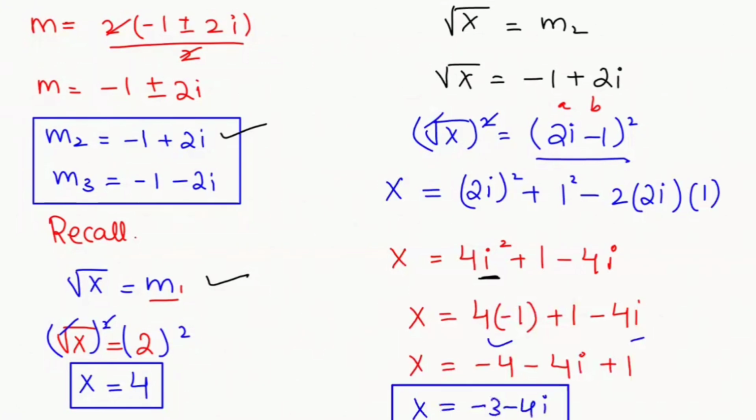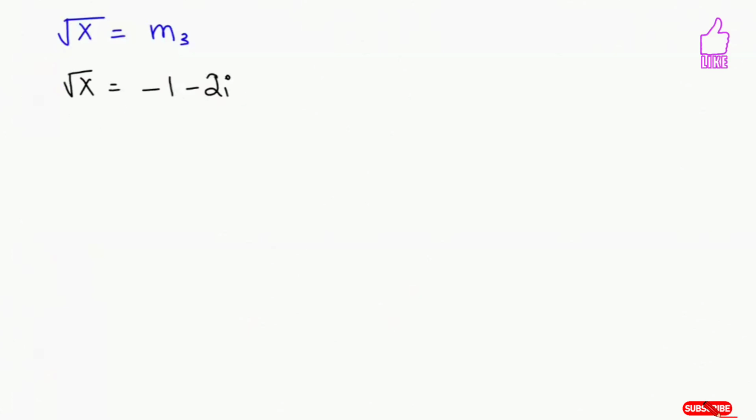Now we're going to plug in the m3 value in the same expression. Root of x is equal to m3. The m3 value we have here is root of x is equal to minus 1 minus 2 iota. Now I am going to square both sides.